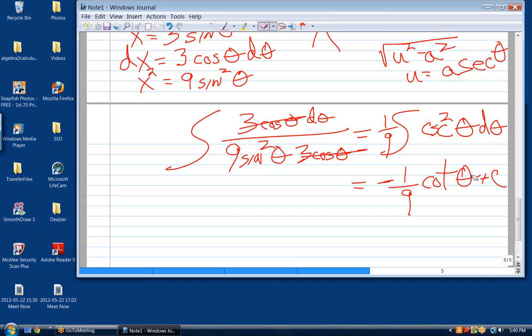Okay, so this becomes our answer, but notice we don't want an answer as a trig function. We started out with a polynomial. We want another polynomial as our answer. Well, the reference triangle we used was this. So what is the cotan of theta?